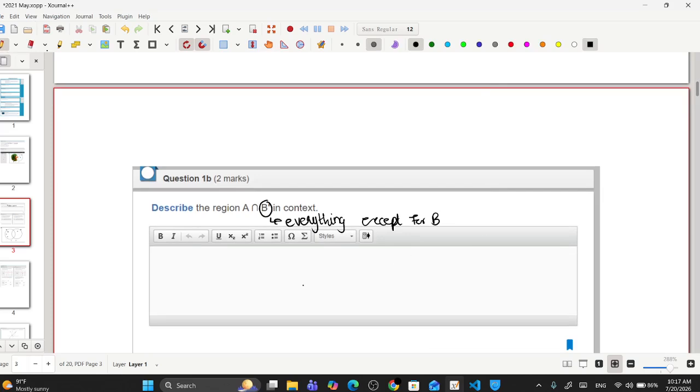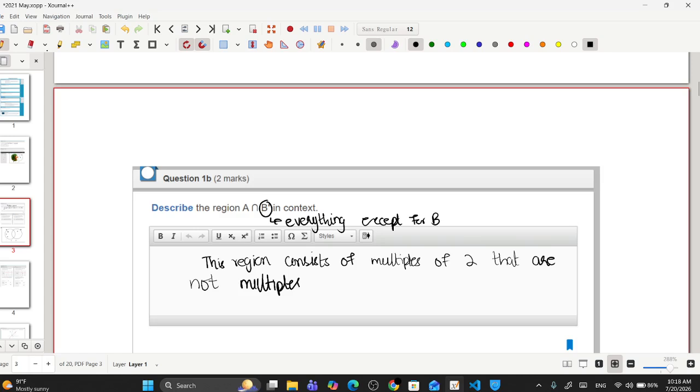So we'll say that this region consists of multiples of 2 that are not multiples of 3. This is very important.